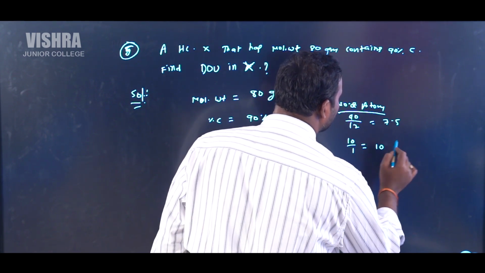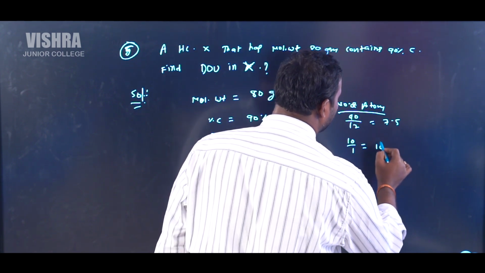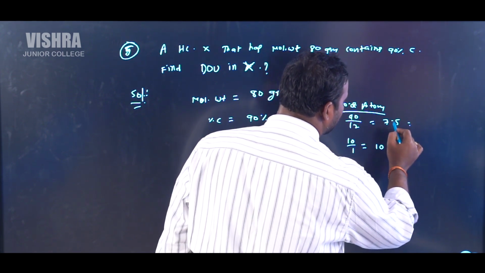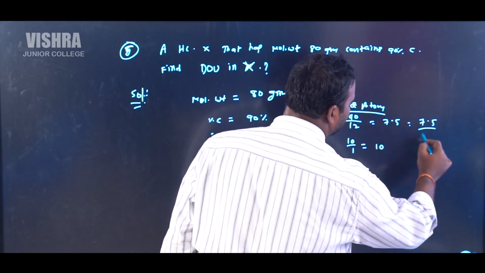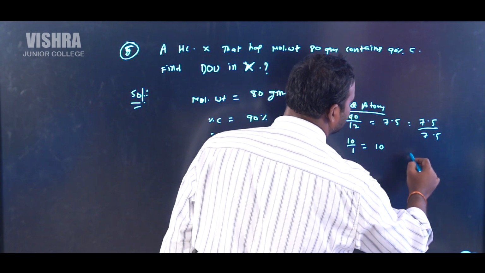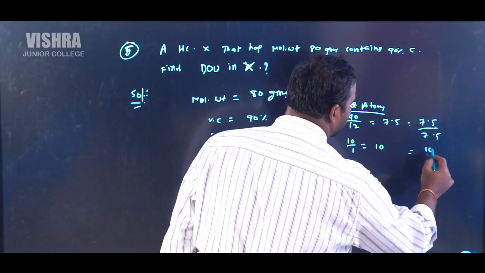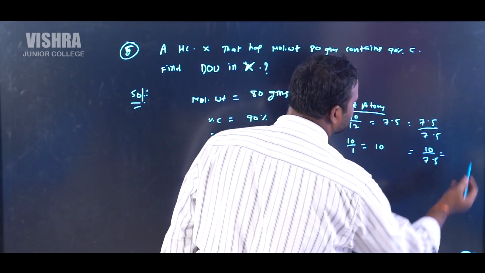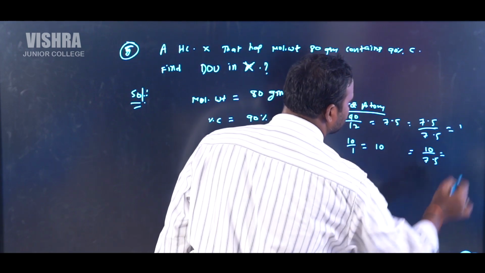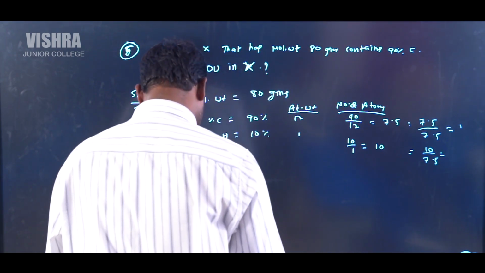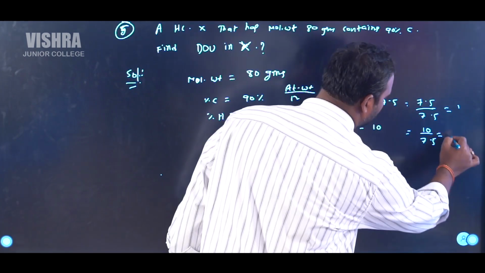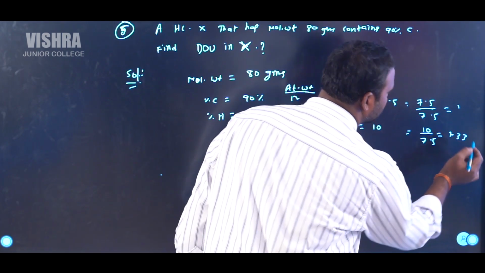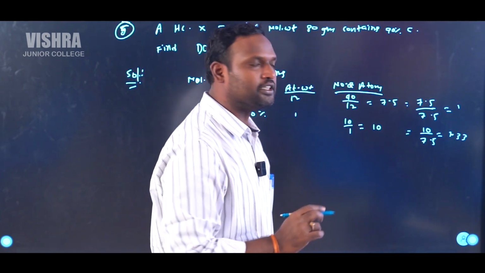So which one is least value in this case? 7.5. So again you have to divide these values with the smallest value 7.5. 7.5 by 7.5 is 1, and 10 by 7.5 is approximately 1.33. So its ratio is approximately 3:4. Convert that fraction values into simple integers.